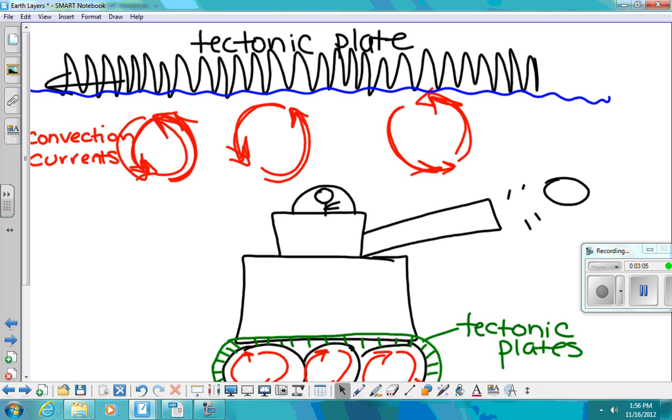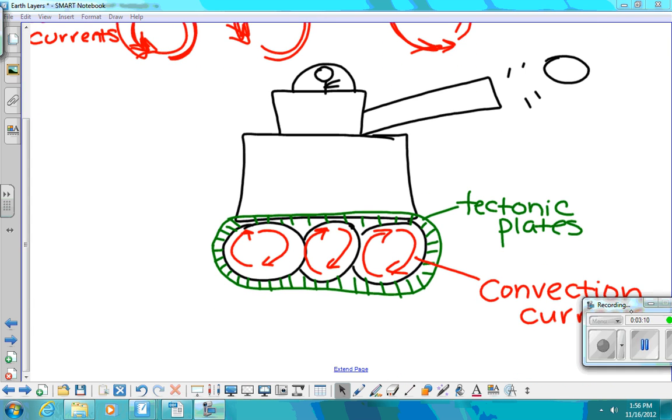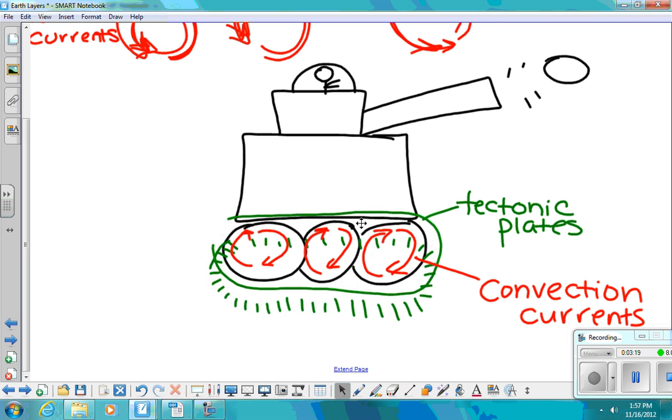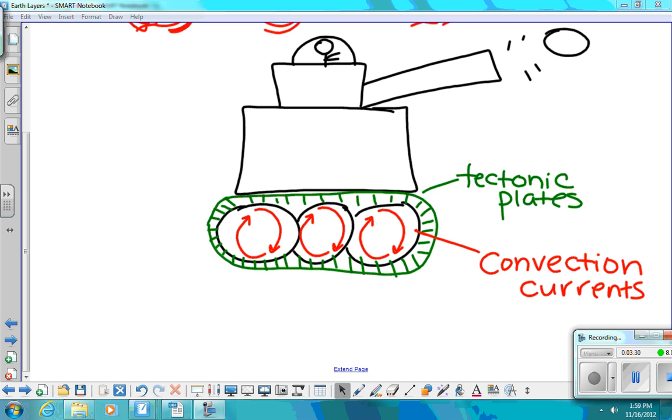Okay? So another picture I wanted to show you, maybe to demonstrate a little bit better and give you a better visual as to how these convection currents are moving these plates. So this tank, I'm sure you've seen a tank, whether it be in the movies or maybe you've even been lucky enough to see one in person.